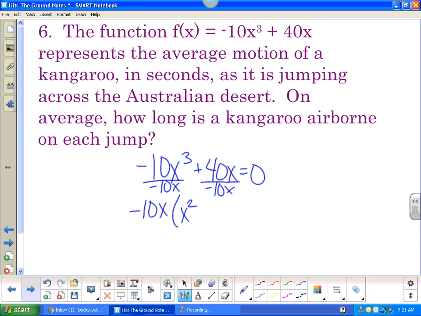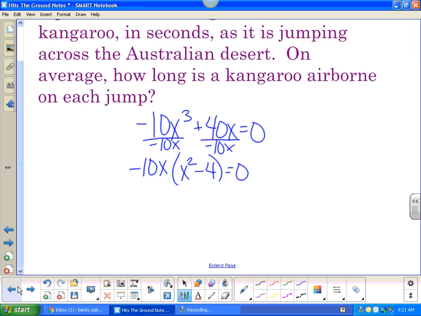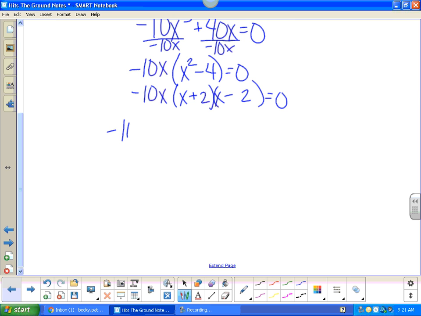So x squared minus 4, and then those are squares. So x and x, 2 and 2, 1 plus 1 minus. And I have 3 parts that I set all equal to 0. This one has an x, so we have to solve him.